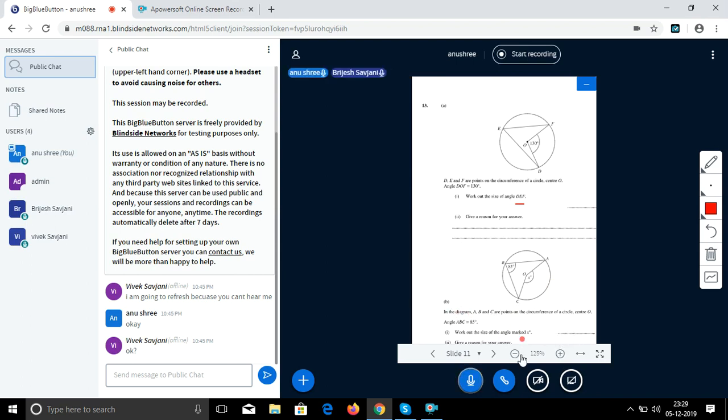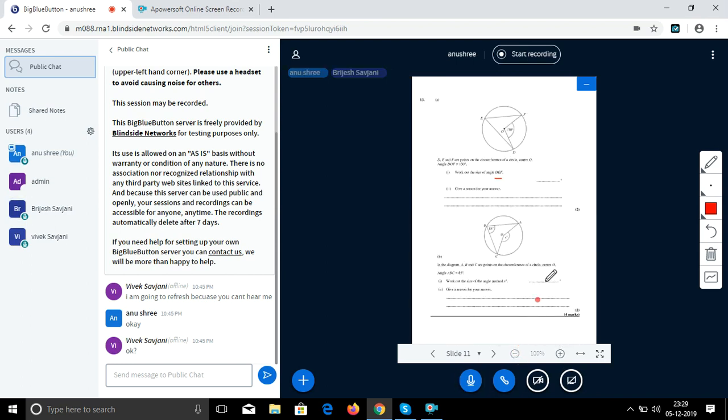Okay, now for part B. In the diagram, A, B, C are points on the circumference. Okay, so the side marked x is 170. Yes, that's correct. Okay, so that's it for today, and the rest of the questions we'll do in the next class.